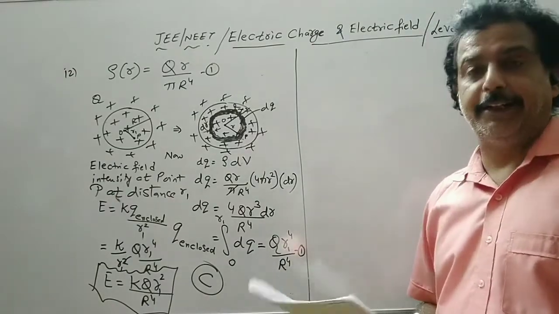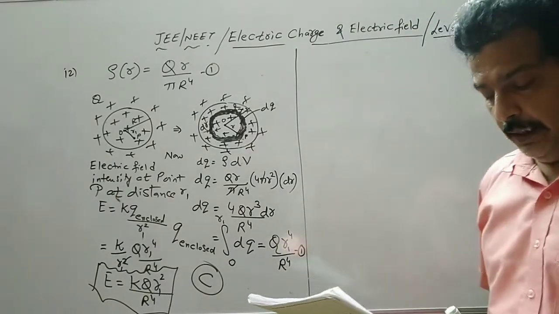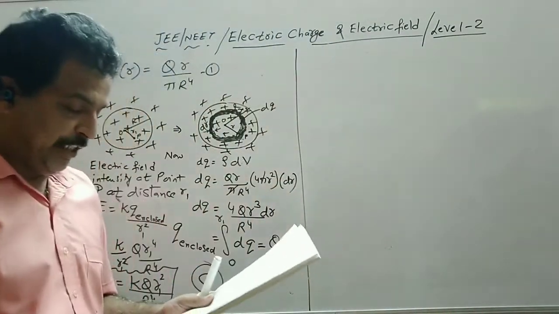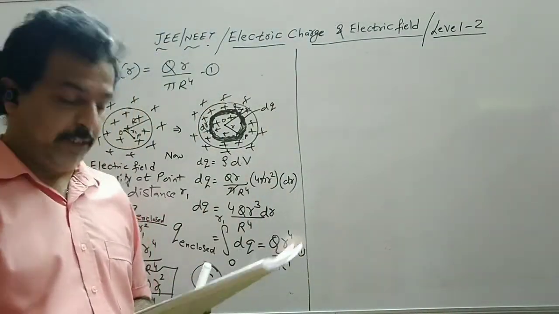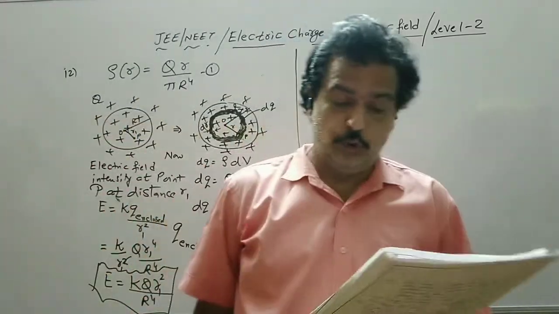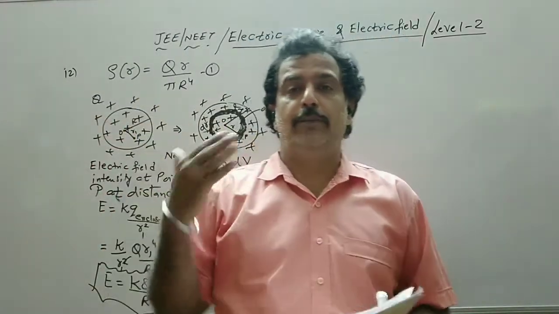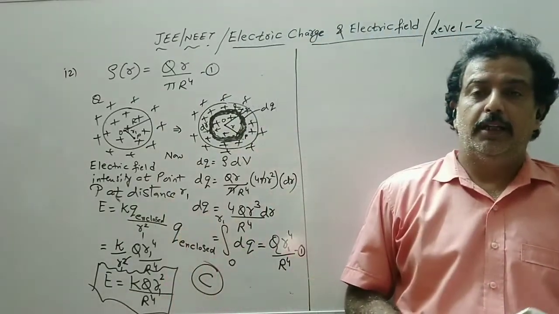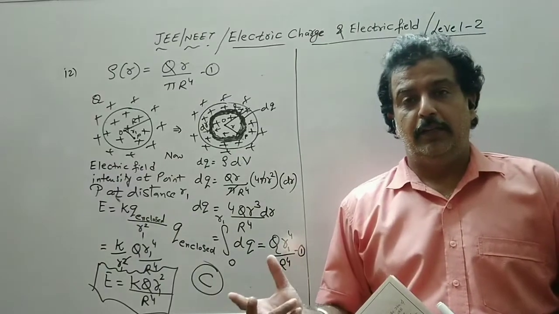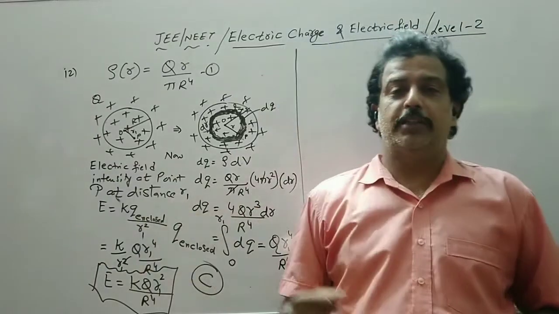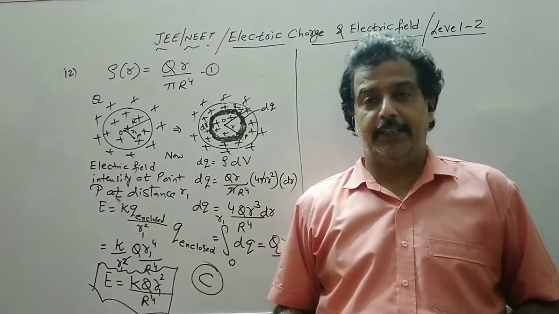Now question number 13. A non-uniform electric field is given by E is equal to 5xi volt per meter. So again we have a non-uniform electric field. Now if you remember the theory, for a dipole in a uniform electric field, the resultant force on it was 0 and the torque was given as PE sin theta.